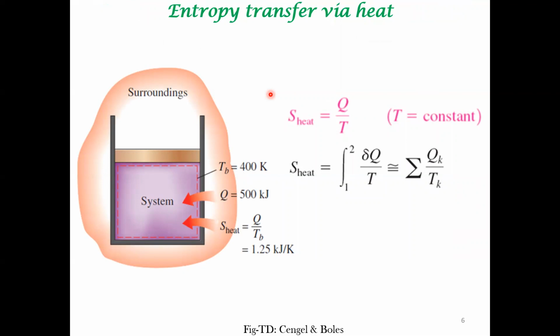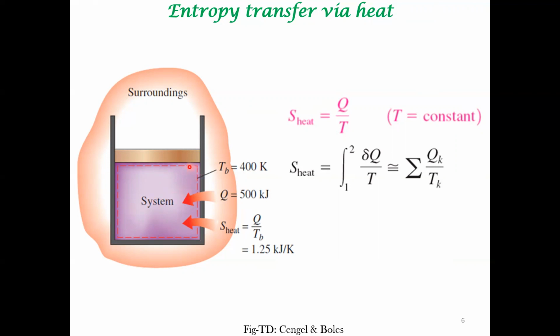So for example, we can look at entropy transfer via heat. So in this, let's say you have a surrounding, heat gets transferred from the surrounding to the system. So we are only looking at, let's say, the entropy transfer, entropy changes in the system, for example.